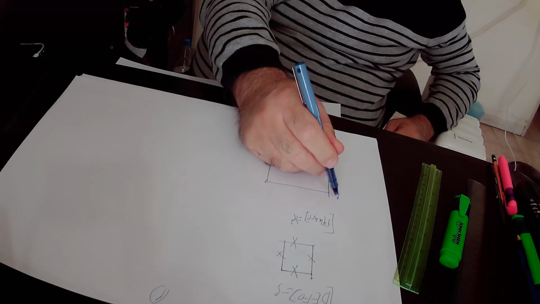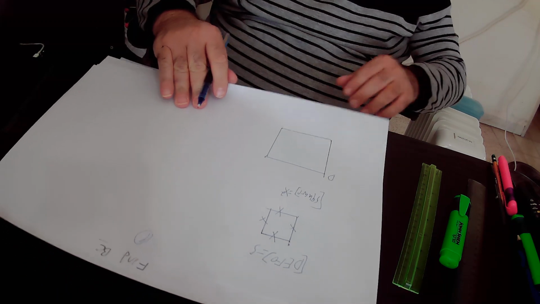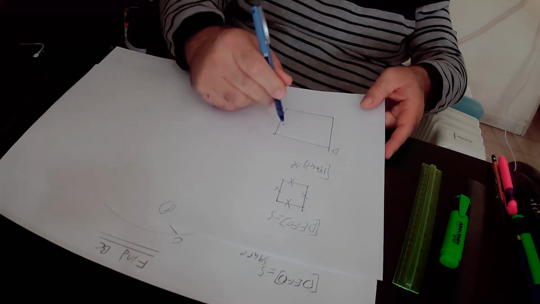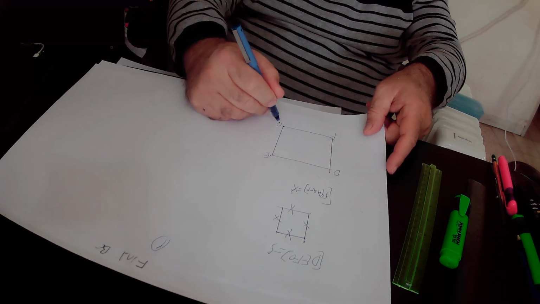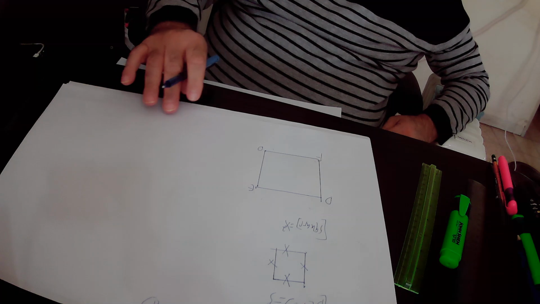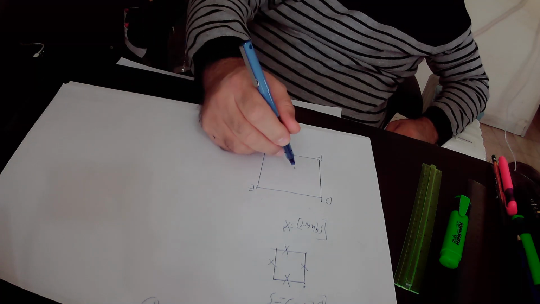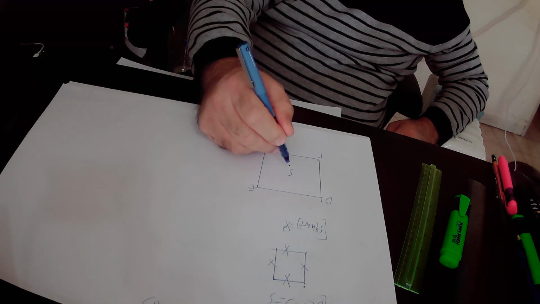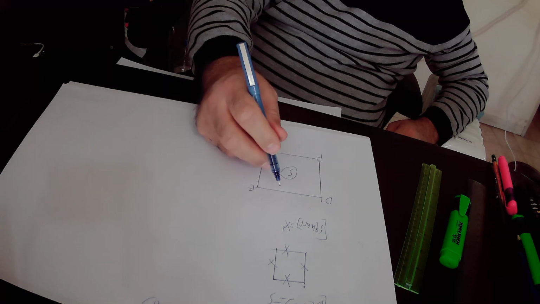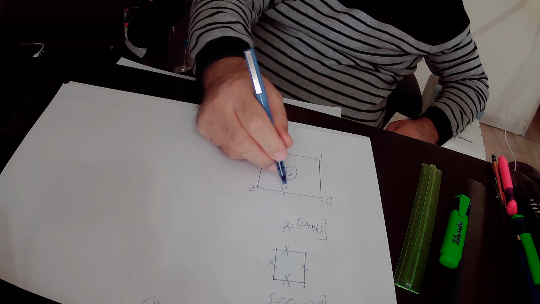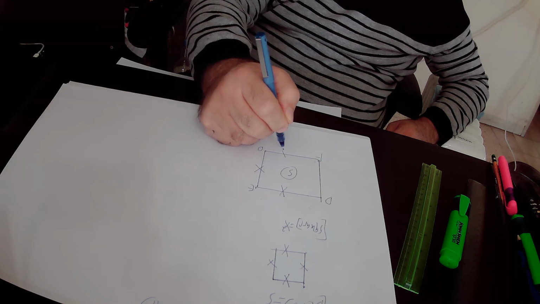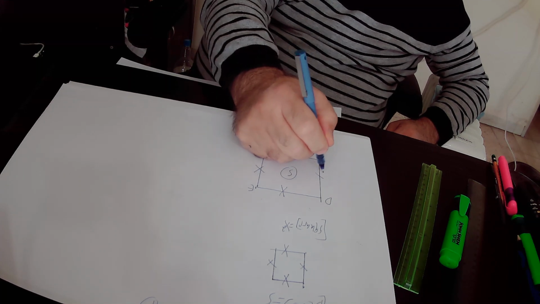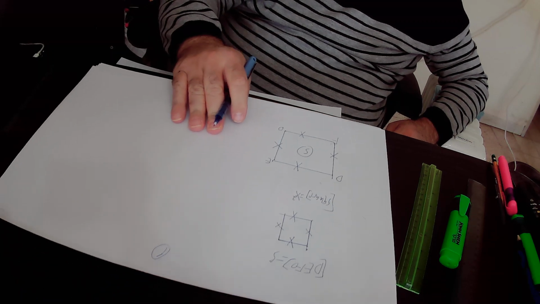So this is square DEFO, copied from the original drawing. We know that the area of this square is equal to 5 square units. We define the length of one side as x, so all the other sides are equal to x.